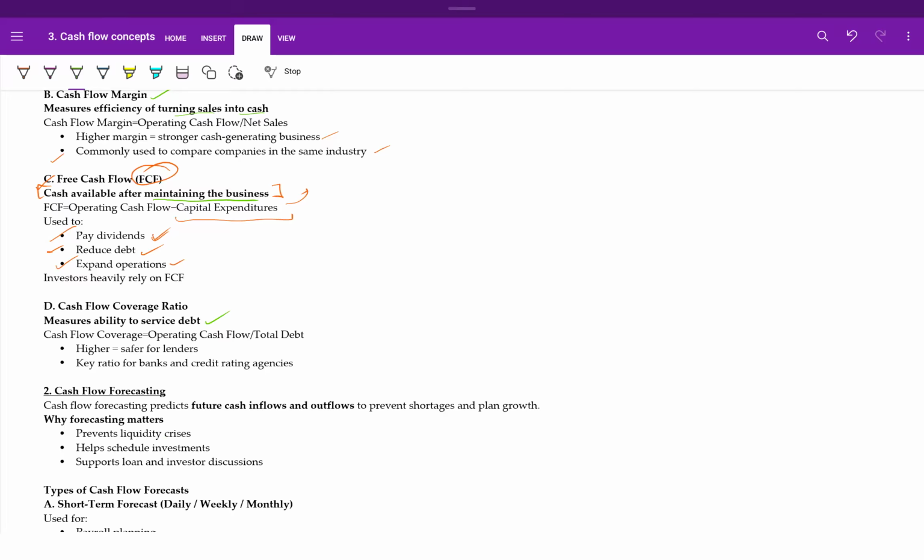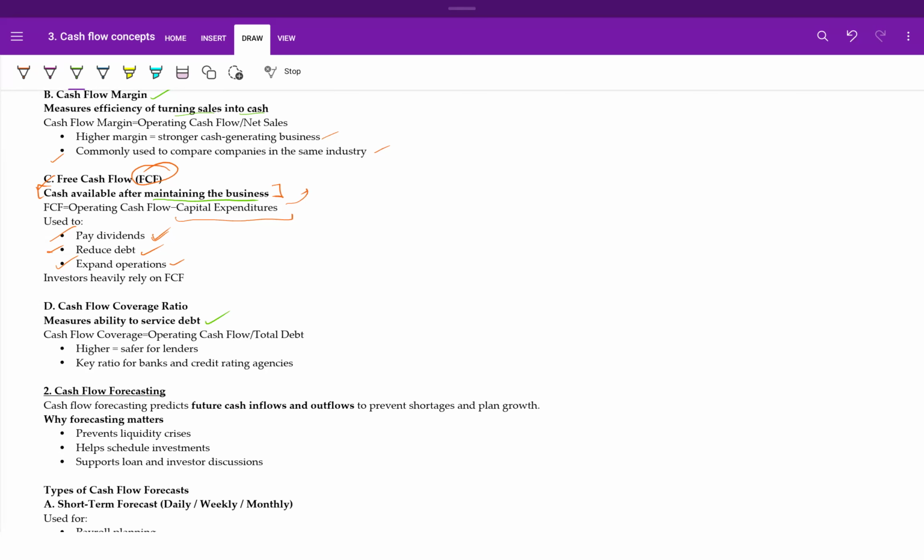The formula is cash flow coverage equals operating cash flow divided by total debt. A higher ratio means the company is safer for lenders, and a lower ratio indicates difficulty in meeting debt obligations. This ratio is especially important for banks and credit rating agencies, as it helps them to assess the risk of default.